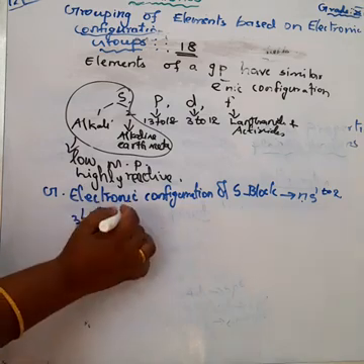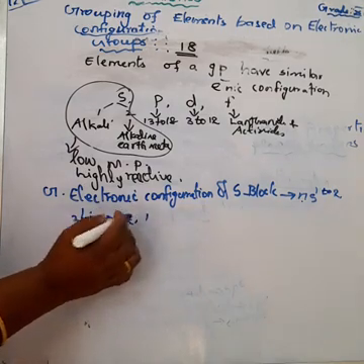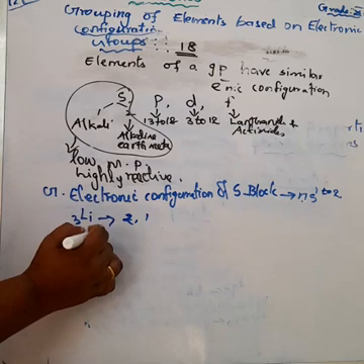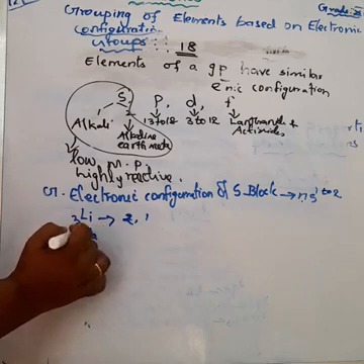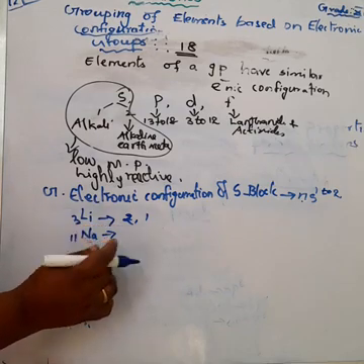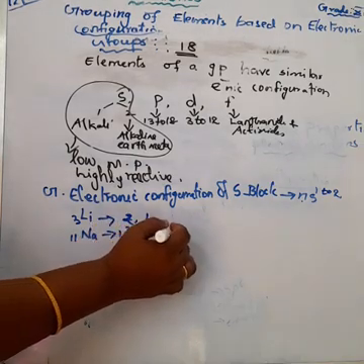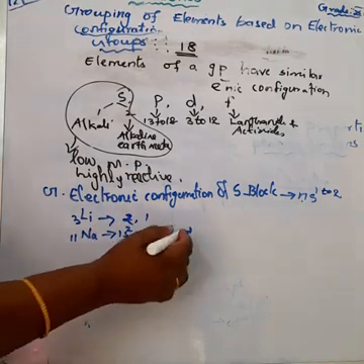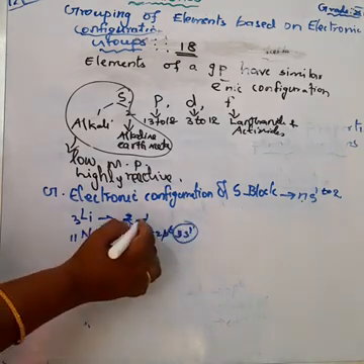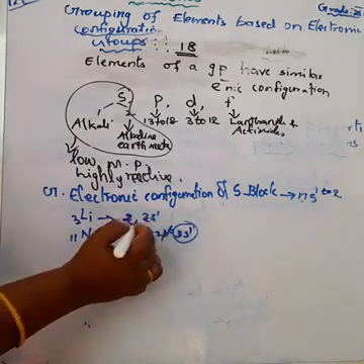Only 2 shells: 1s2 2s1. And sodium, atomic number 11: 1s2, 2s2, 2p6, 3s1. So the outer electronic configuration is 3s1. So n means the number of shells.